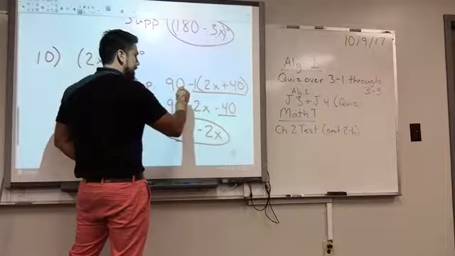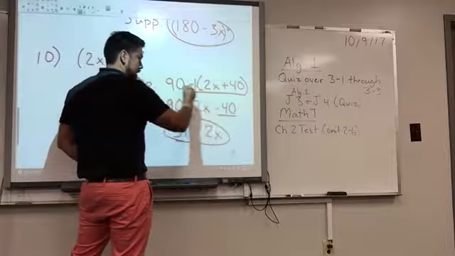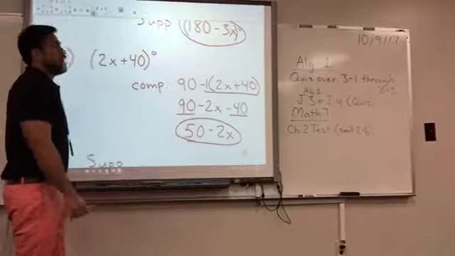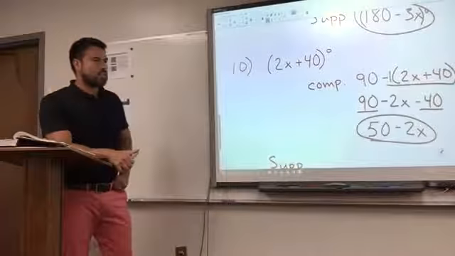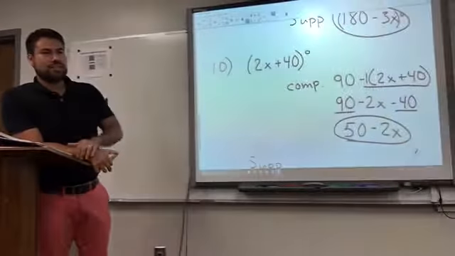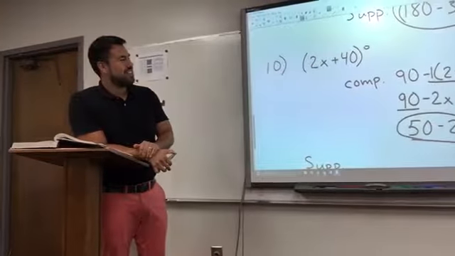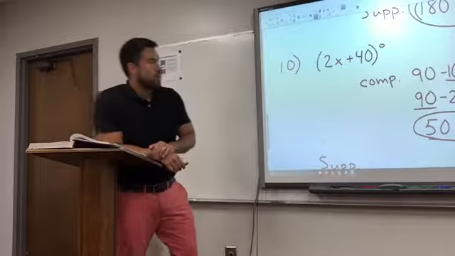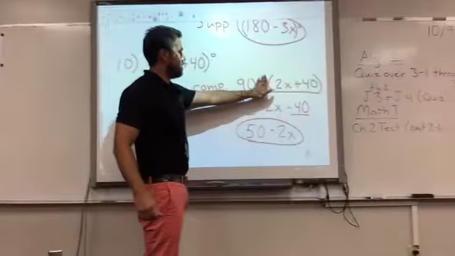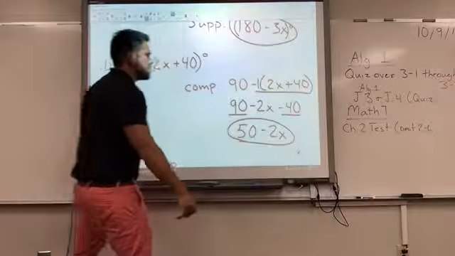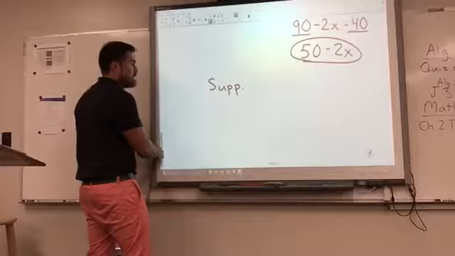And you said 90 minus 2x, which I get there, plus 90 minus 40. Okay, I think you're applying the distributive property anyway, if I'm getting you correct. Probably. Yeah. And I think we were doing this thing. We heard that minus sign, saying 90 times. Oh, I see. Like dropping this out. So 90 times 2x plus 90 times 40. I'm not sure that's what she was doing. But let's do it with the supplement.